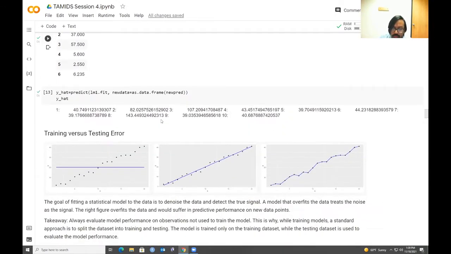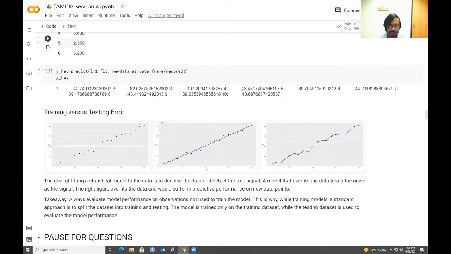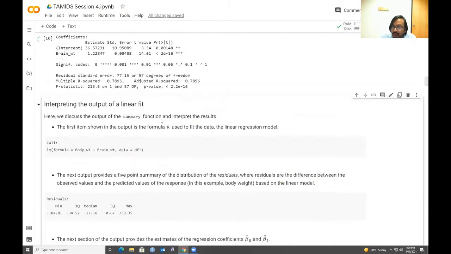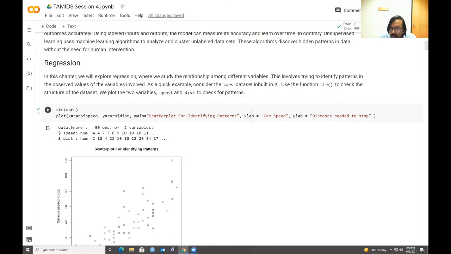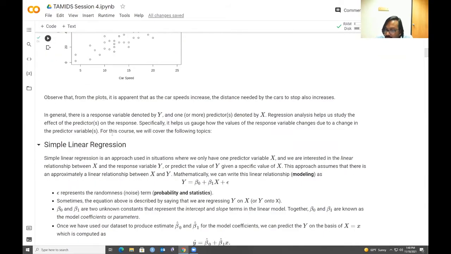Next, I would like to talk about the training error versus the testing error. Remember that the goal of fitting a statistical model is to denoise the data and extract the overall pattern. As we talked about with the CARS data set right at the beginning, there are often individual idiosyncrasies that correspond to different response values, even for the same predictors, that we do not want to capture.